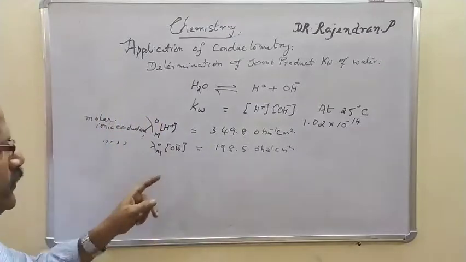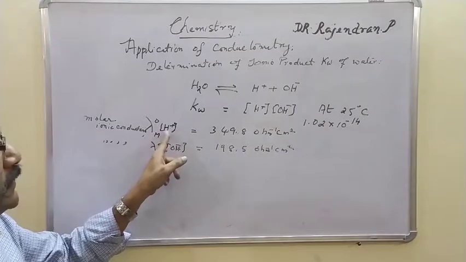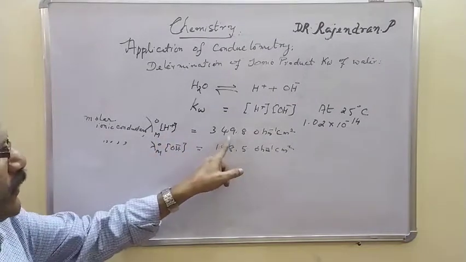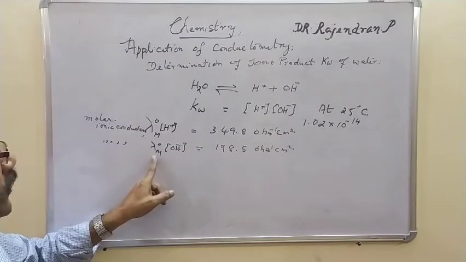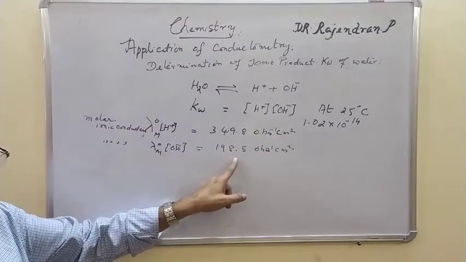So these are the two values obtained by conductometric measurement: the molar ionic conductivity of H plus ion is 349.8 and that of OH minus ion is 198.5. Okay.